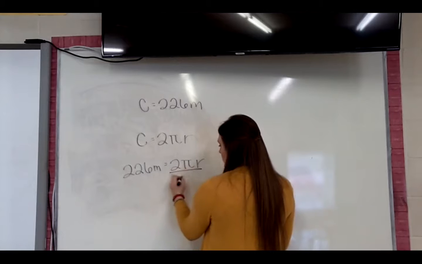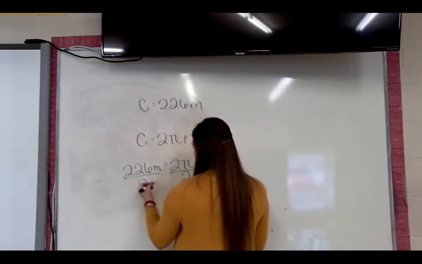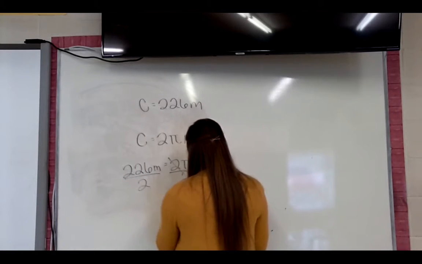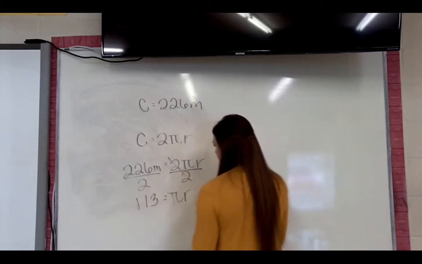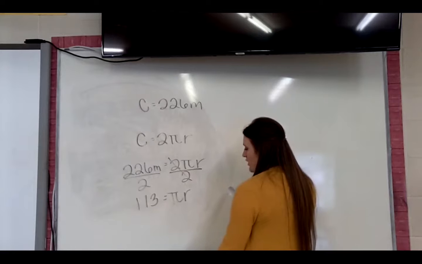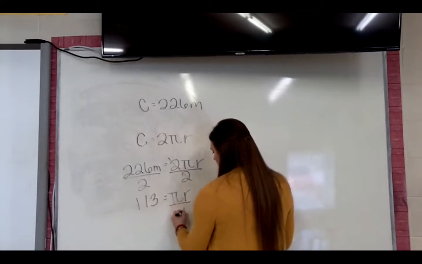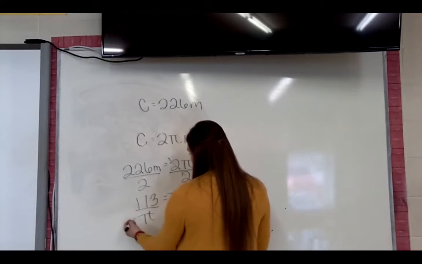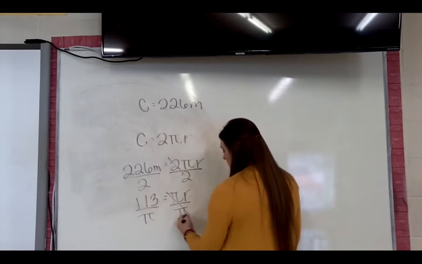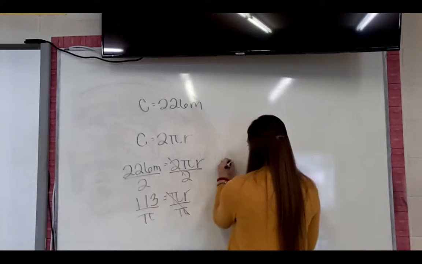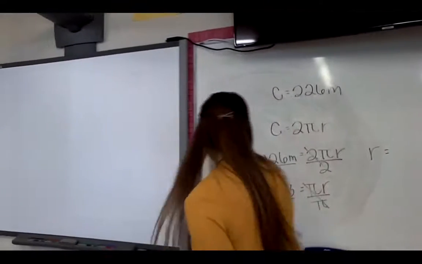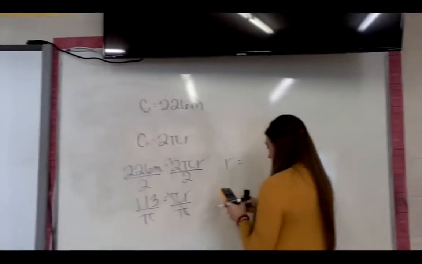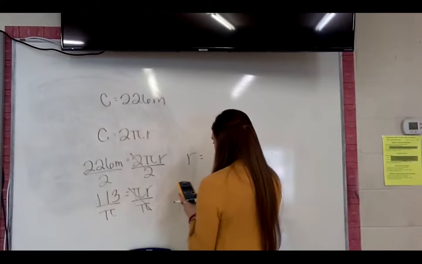So this is all being multiplied, so I'm going to divide both sides by 2. It's 113. Now I divide by pi. That is a number. That's like dividing by 2. Pi is a number. So, r equals, and you just plug that in your calculator. So I have 113 divided by pi.